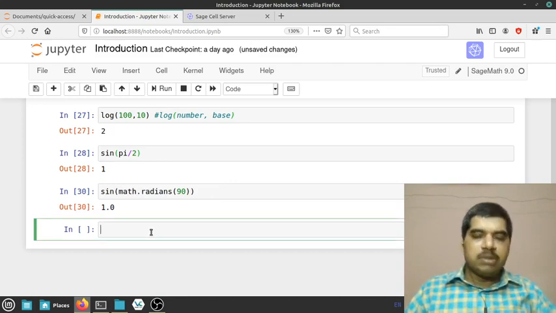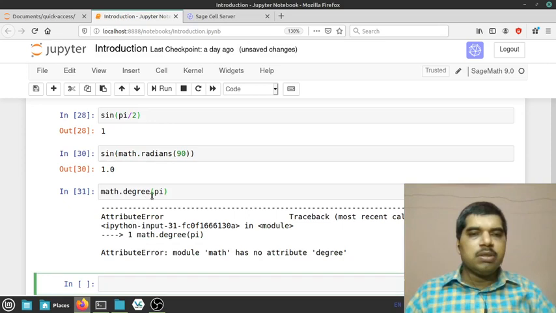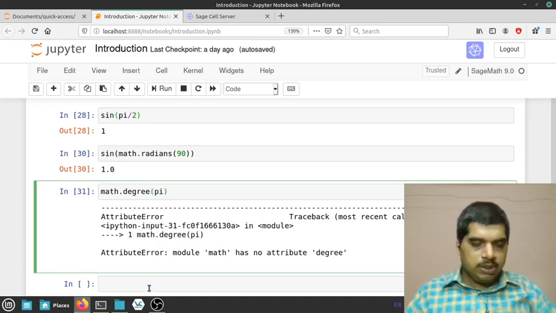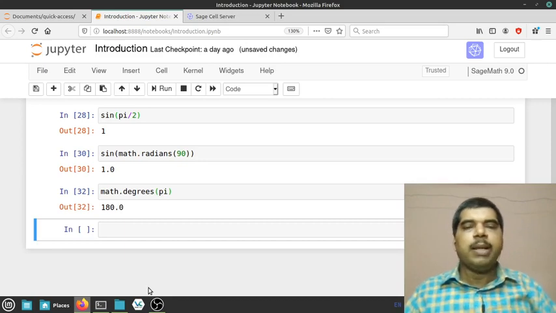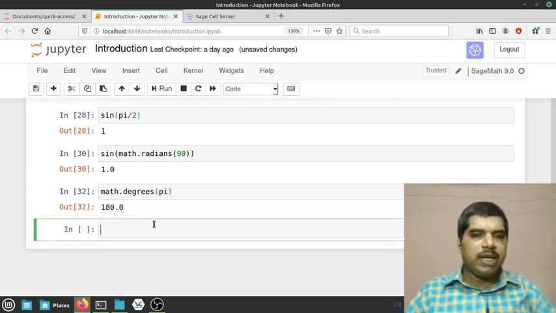And of course, to convert back to degrees, if one tries math.degrees of pi, we can see that pi converted to degrees is 180.